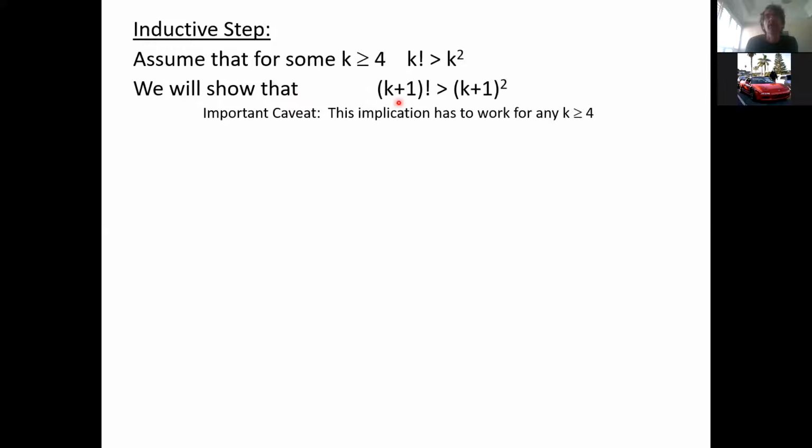So that's what we have. Assuming for any k greater or equal to 4 that k factorial is greater than k squared, we have to prove that k plus 1 factorial is greater than k plus 1 squared. And it has to work for any k greater or equal to 4. Whatever arguments we use have to work for any k in this range.